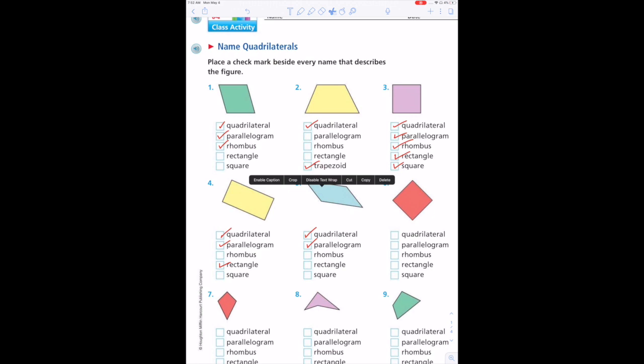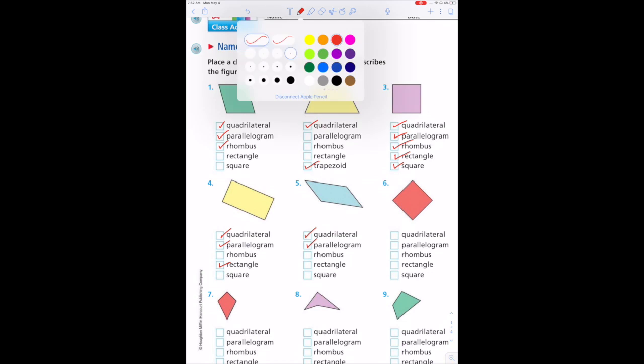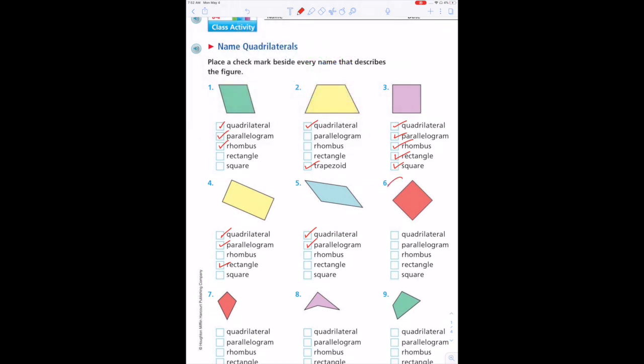All right, so I just want you to use your envisioning. I want you to think that if you took this shape right here and you could twist it like a clock, if you could rotate it, you're going to notice that this shape and this shape are the same. It's just turned a little bit different.